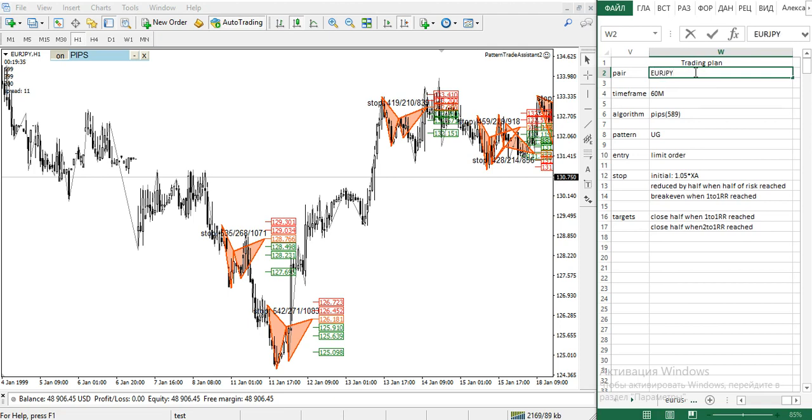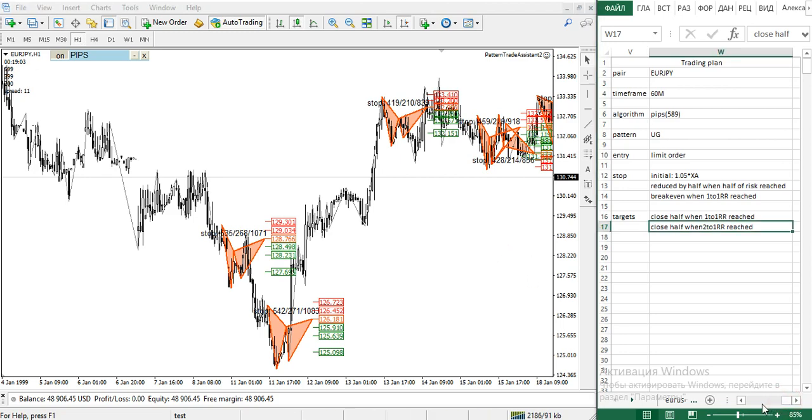Okay, enter with limit order, initial stop loss at 105, reduce risk by half when half of risk reached. I mean, when this first green arrow is reached, then reduce the risk by half. Half take profit. Okay, break even when the first is reached, and of course close half when the first is reached, and close the second half at the second reach.